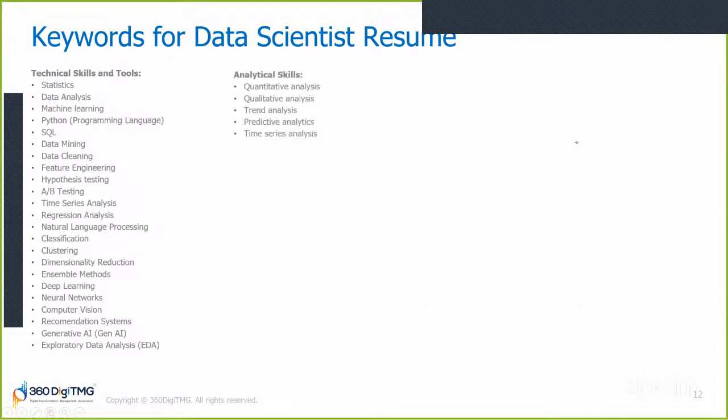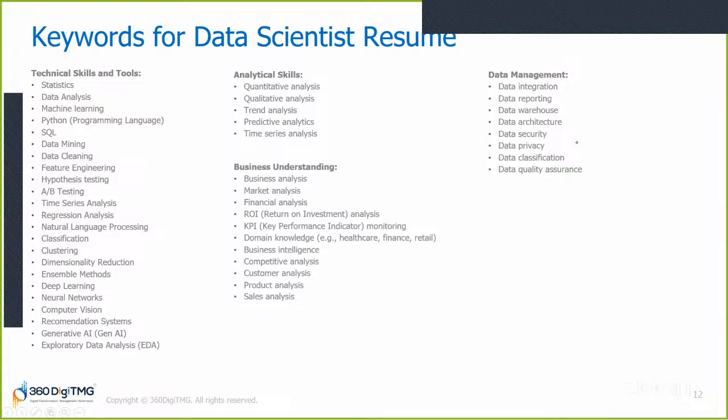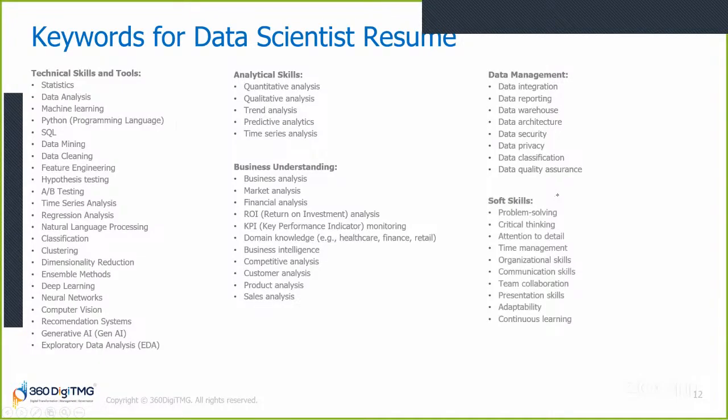Whatever the job role, you need to read that job description. In the job description, they mention their particular requirements, so we have to follow those requirements. Here you can see, if you are going to apply for data scientist, these are the technical skills and tools you have to mention, business understanding skills, analytical skills, how to maintain data, data management, and soft skills.